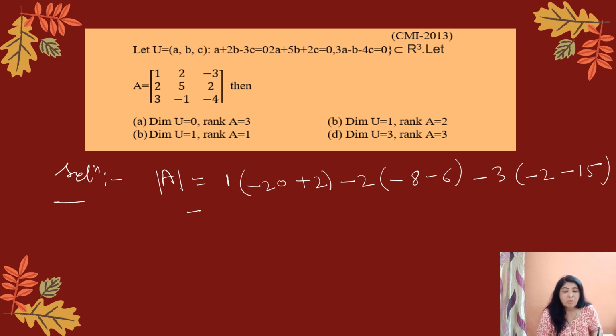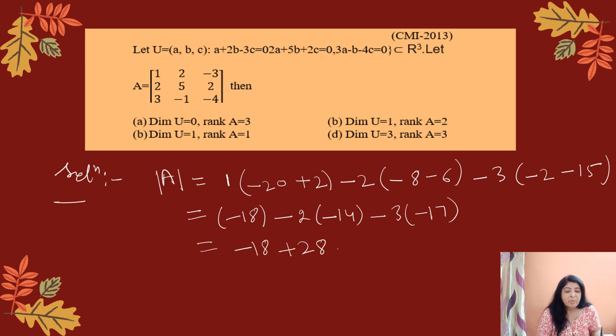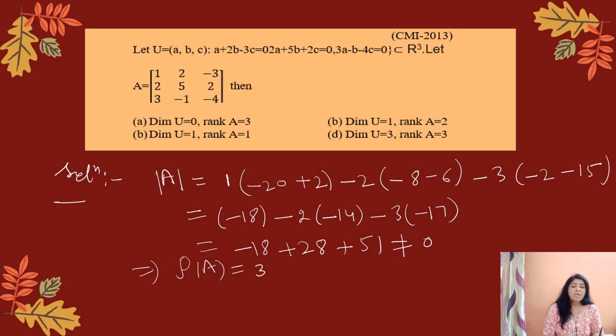So this is equal to 1 times (22) minus 2 times (2) minus 2 times (minus 17). So this is 22 minus 4 plus 34, which is non-zero. So it comes out to be non-zero. This implies the rank of A is 3.